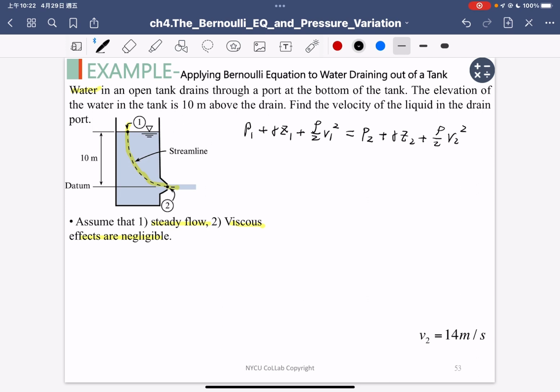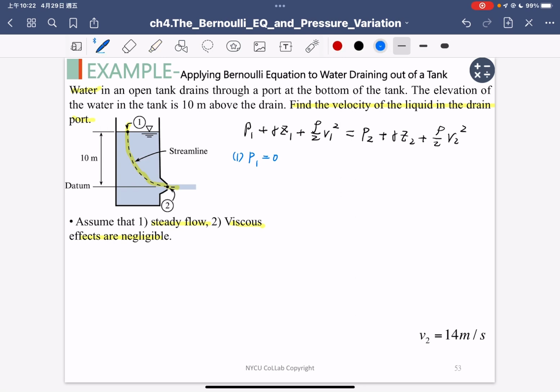We have some conditions we can summarize. The first condition is that P1 should equal 0, because point 1 is exposed to the atmosphere, so there is no gauge pressure. Our target is to find the velocity of the liquid at the drain port.